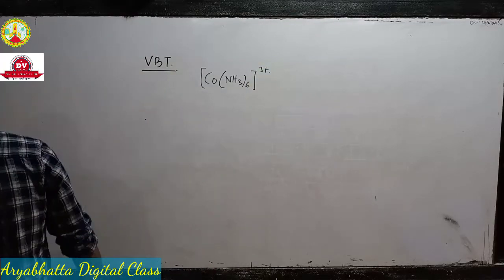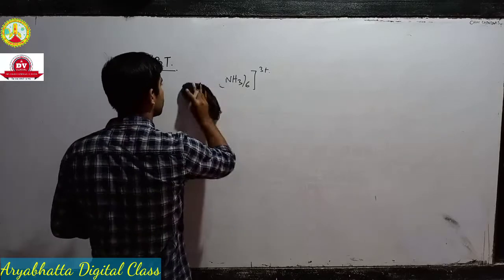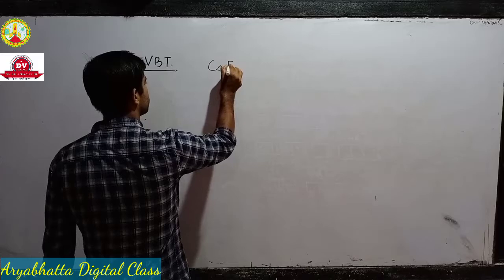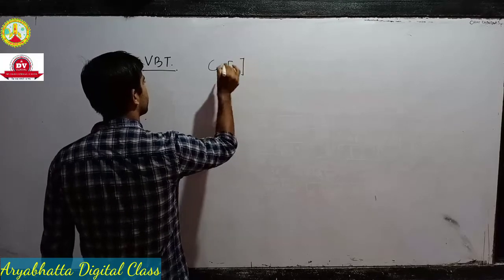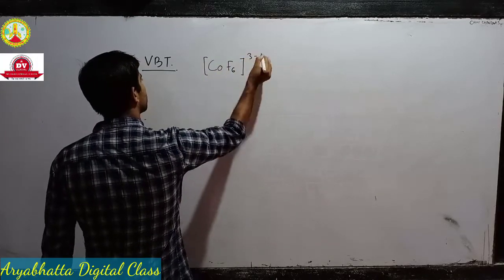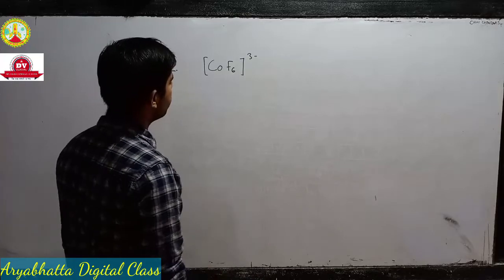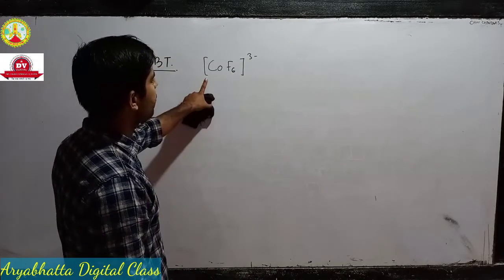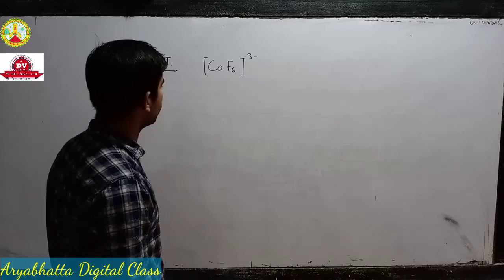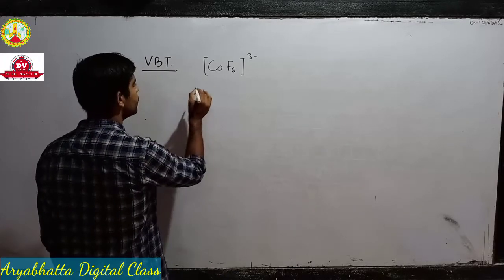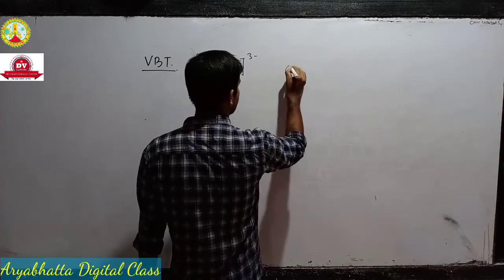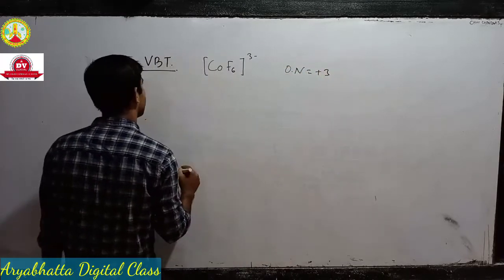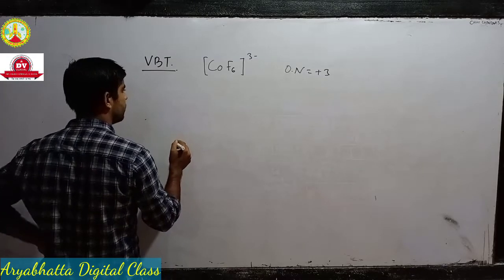Now we will take a similar molecule, just changing the ligand, and discuss the hybridization or formation of this complex. You can check the oxidation number is +3. Here also it has the same oxidation state.